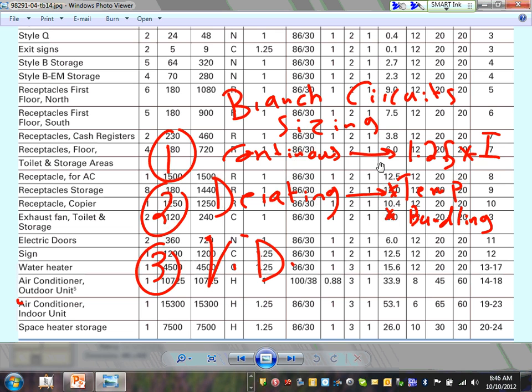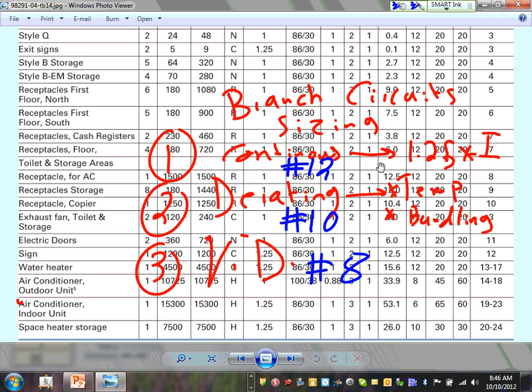So take this. If the first calculation came up with number 12, the second calculation came up with number 10, and the third calculation came up with number 8, which conductor should I be using for this branch circuit? Number 8. A notoriously famous example of this is a parking lot.